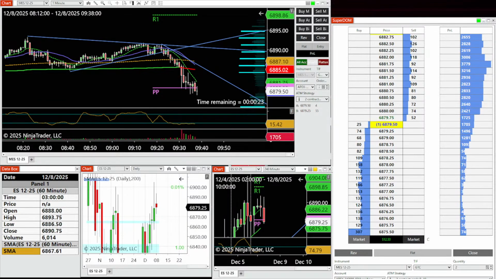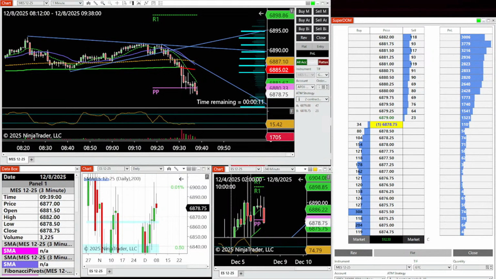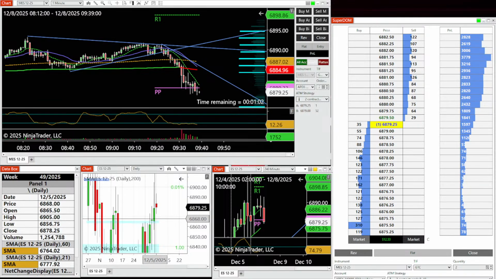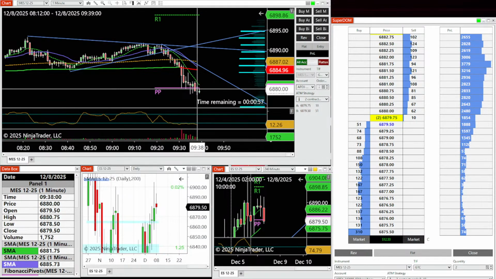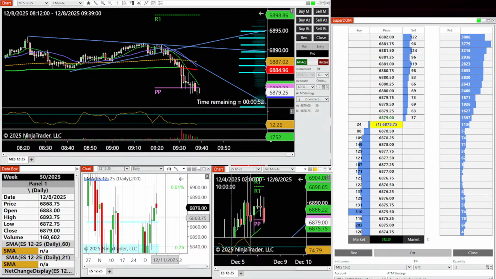Hourly bar is heavy. Got another 7 minutes before the next 15-minute bar opens up. Close the gap, 78, 78.50. We close the gap.